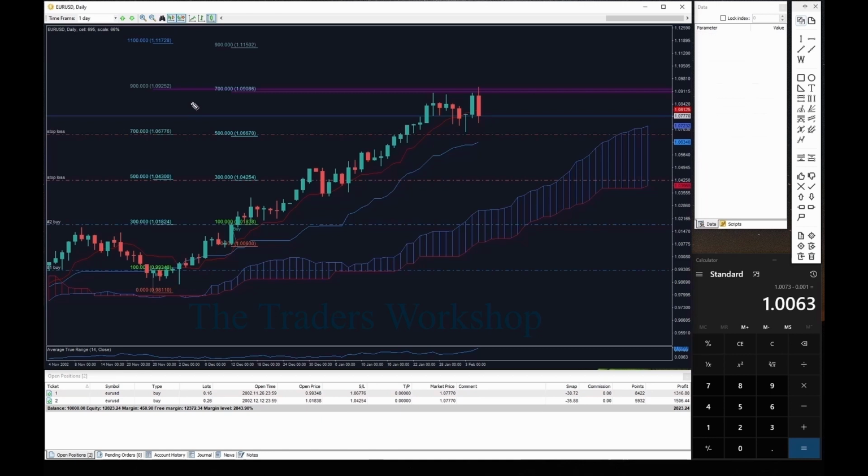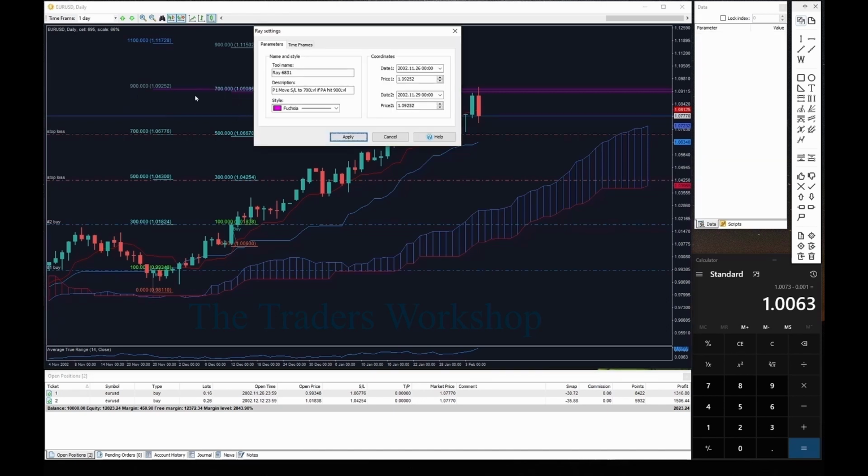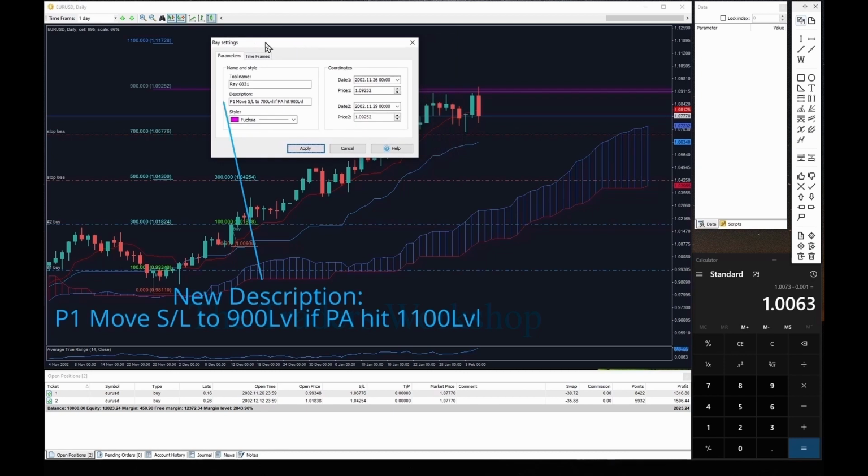The new profit-taking scenario should be this. If the market continues to push through level 1100, we will move the stops to level 900. We will now update the ray line's new description and new price level. And this should be, move the stop loss to level 900 if price action hit level 1100.